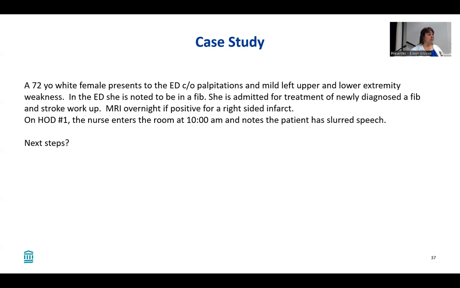They looked at the scans, and yeah, she's a candidate for TPA. So part of our code stroke standby and code stroke process is if they are a candidate for TPA, rather than going back to the unit they came from, they go right to the ICU. TPA can only be given in the ED and the ICU. So this patient went from CAT scan to the ICU.